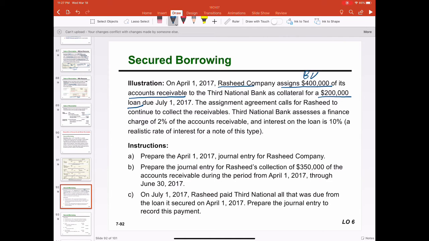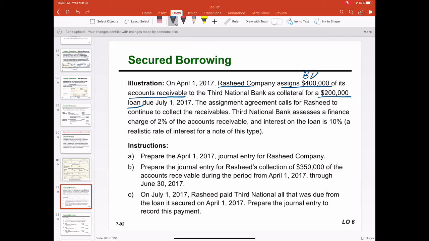You will find the loan is a lot less than the book value of receivables. So this is not a sale. This is just a loan, using accounts receivable as collateral.